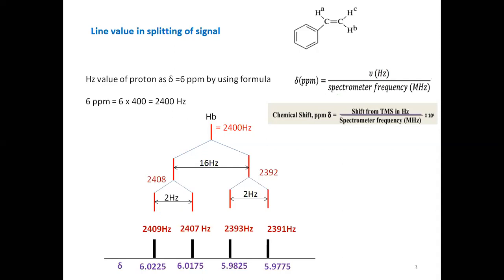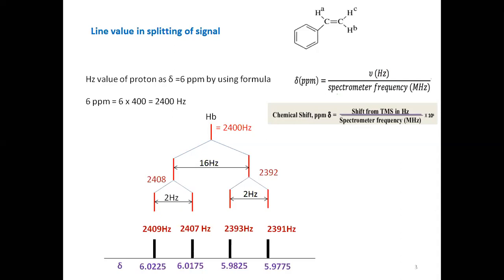What is the J for the 1 and 3 lines? 16 hertz. And the 2 and 4 lines are also 16 hertz. So your coupling constants are 16 hertz and 2 hertz. Repeatedly, you will get the J value 2 times, okay?